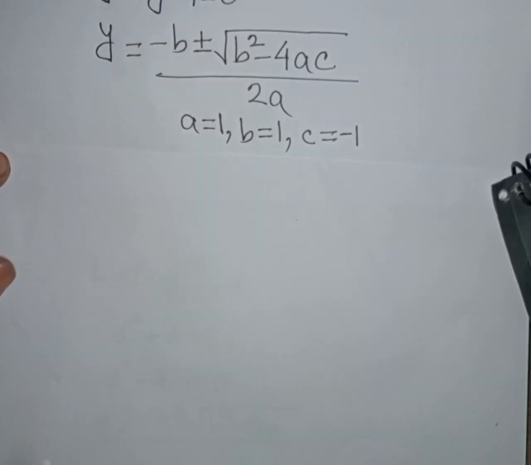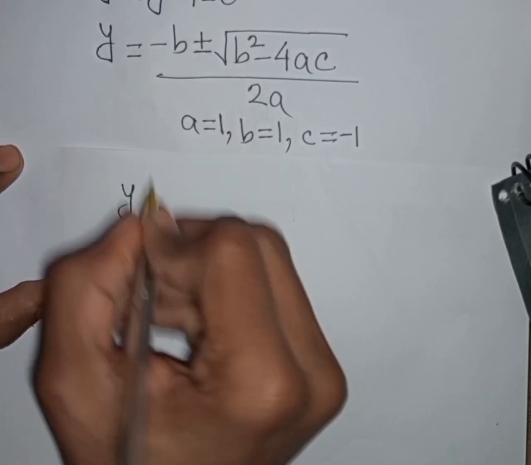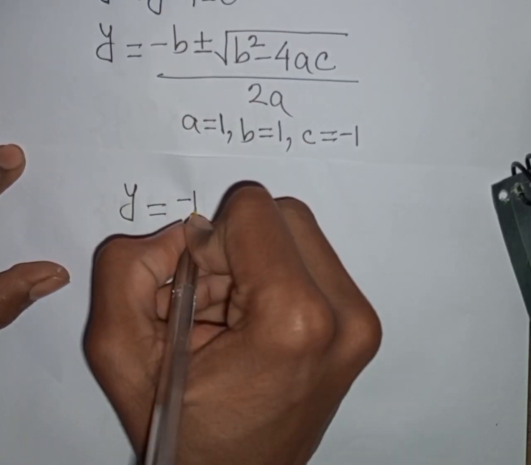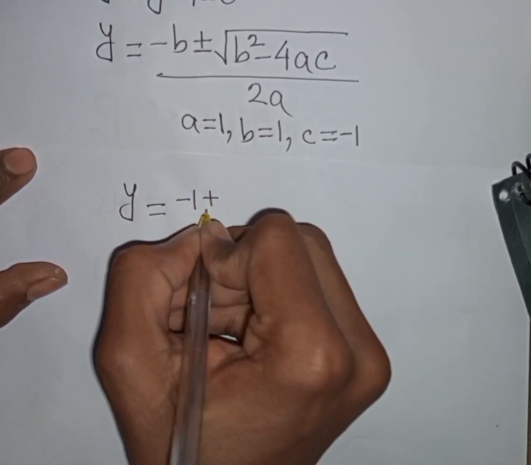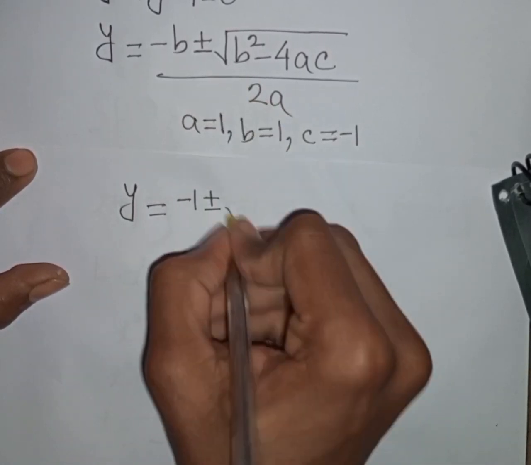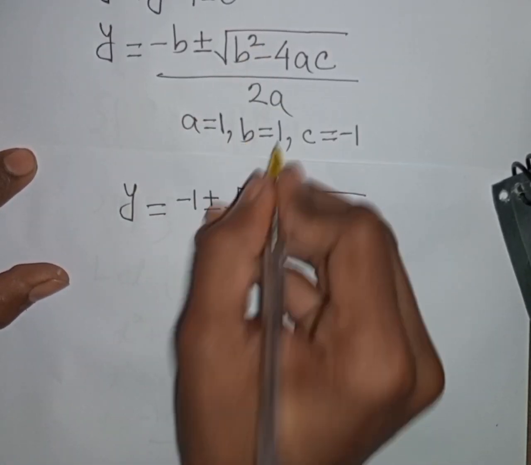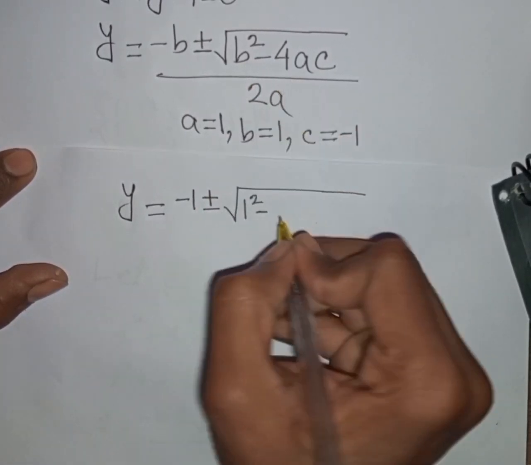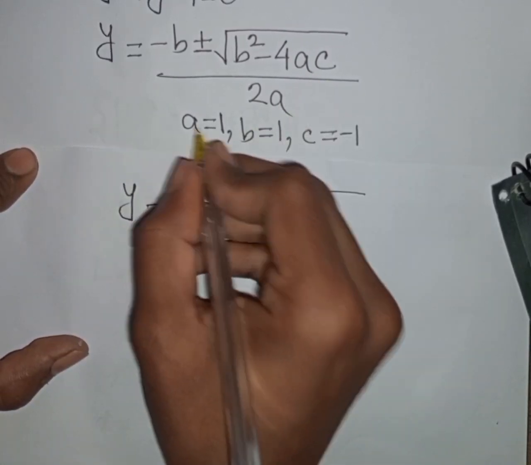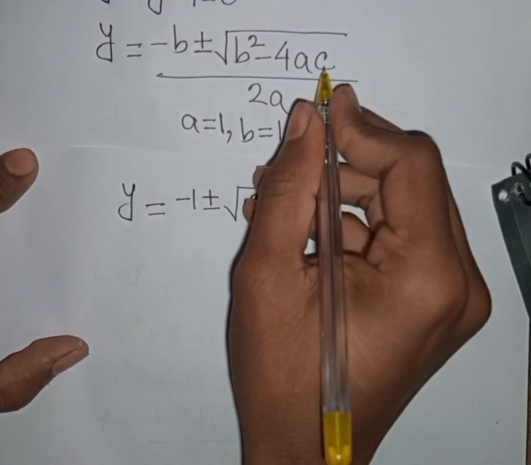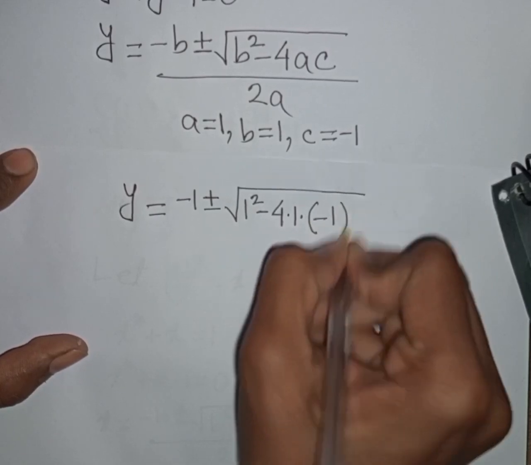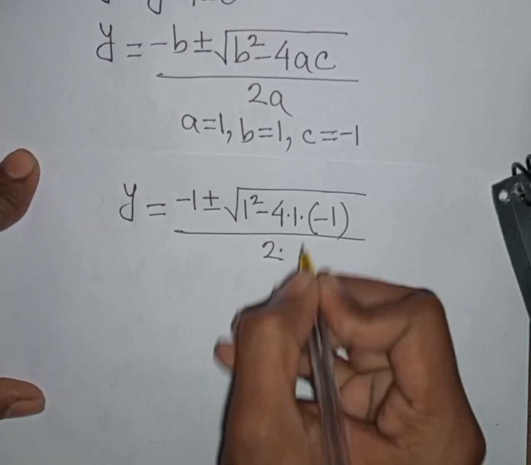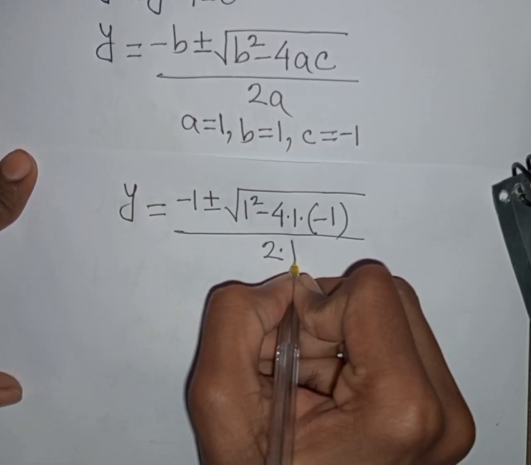Now we can write y is equal to minus b, that means minus 1, plus or minus square root of b square, that means 1 square, minus 4 times a, that means 1, times c, that means negative 1, divided by 2 times a, that means 1.